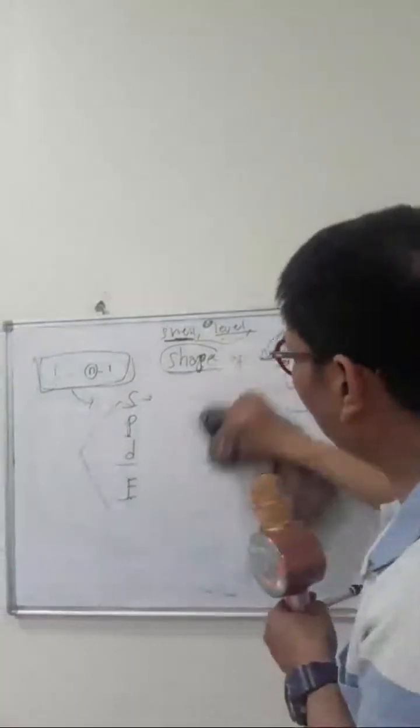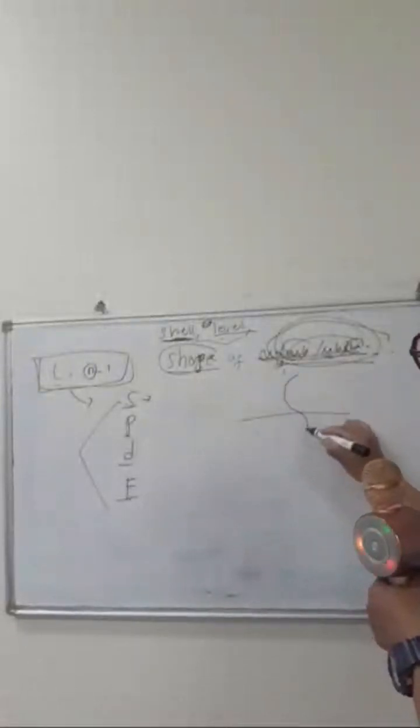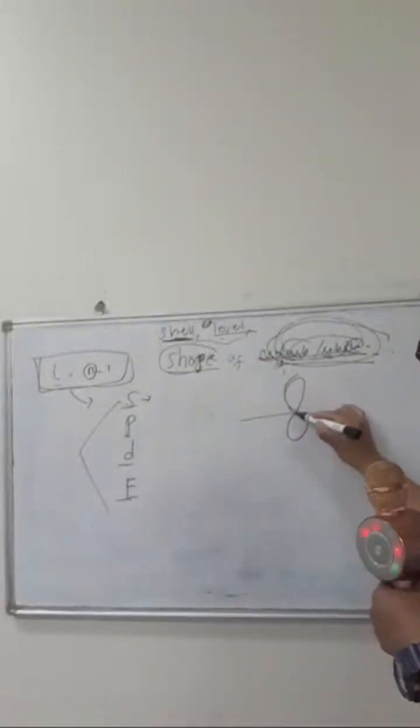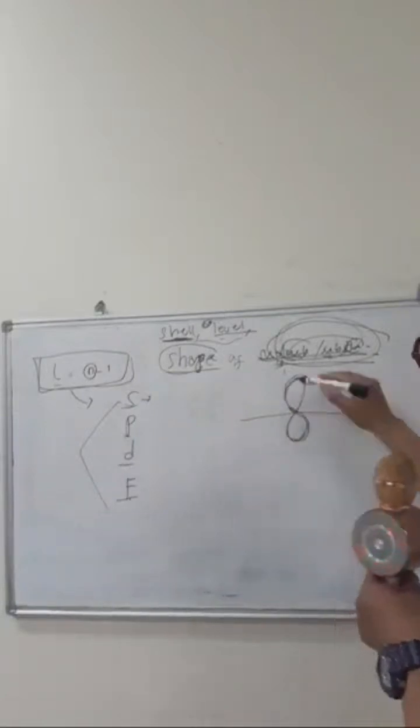Now, what is the shape of our P sublevel? Our P will be like that. Just like this, two lobes, like this. And it will be moving like that, and this is the Y here.